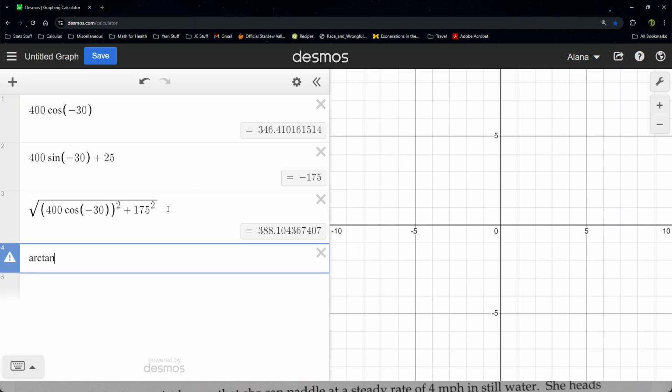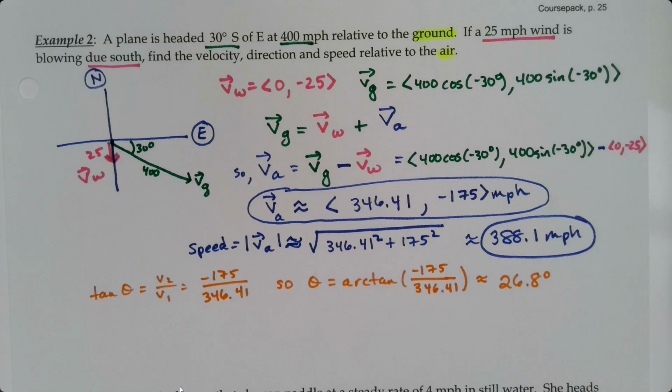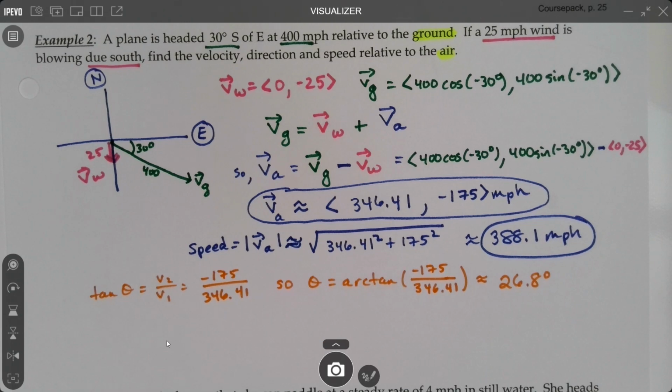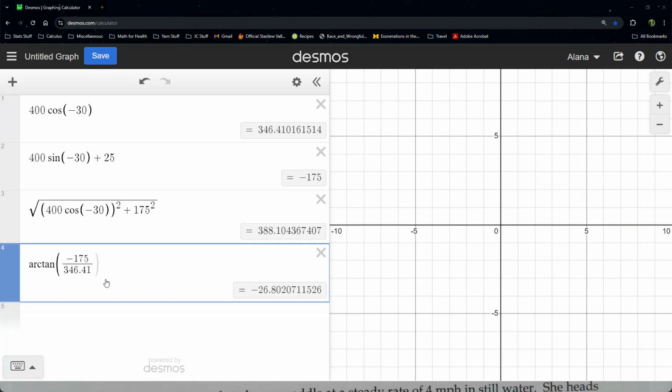So let's find the arctangent. The arctangent of 175 divided by 346.41 gets us an angle of about 26.8 degrees. Now think about the direction. It would be in what quadrant? Oh, I just realized I forgot my negative, of course.